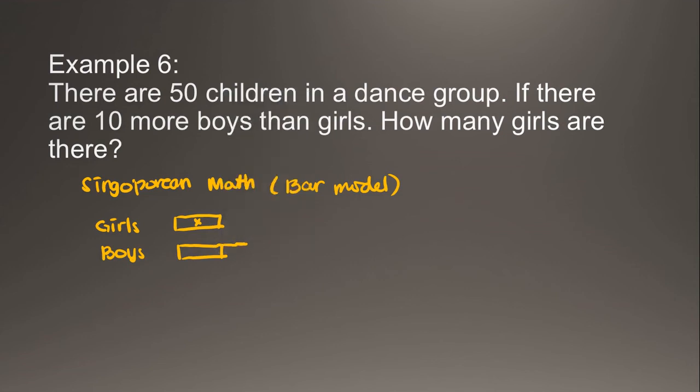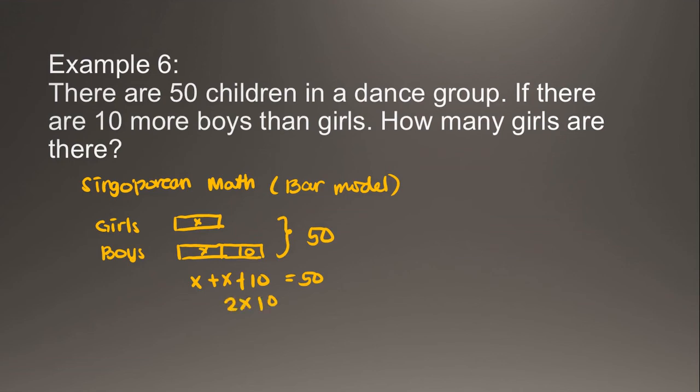Then the second bar, there are 10 more boys than girls, so we extend the bar. The total is 50 for boys and girls. Now that we have the bars, it is easy to see how to solve it. We add x plus x plus 10 equals 50.